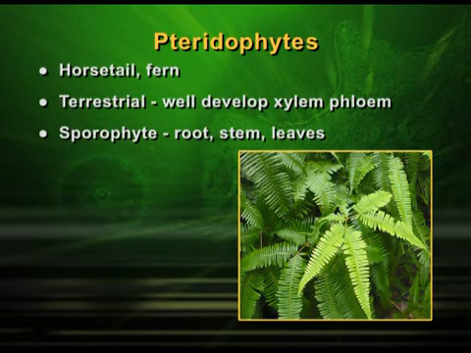It has well developed root, stem, leaves like any other plant. Because the main body is sporophytic, that means it will produce spores, and once it produces spores, then naturally further development will take place. Now, for producing spores, there will be sporangium on the body of the plant.